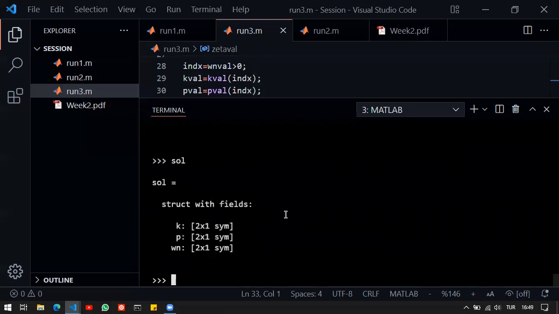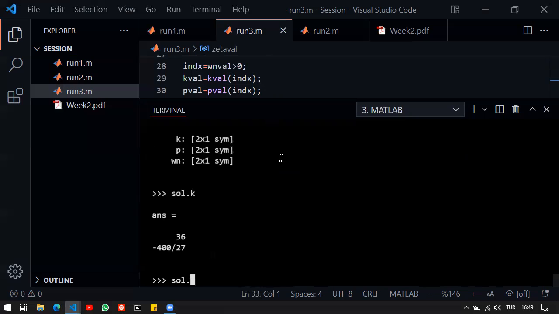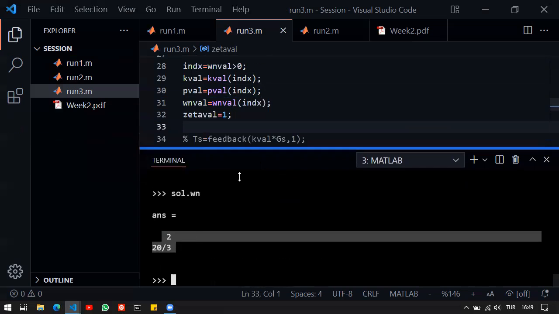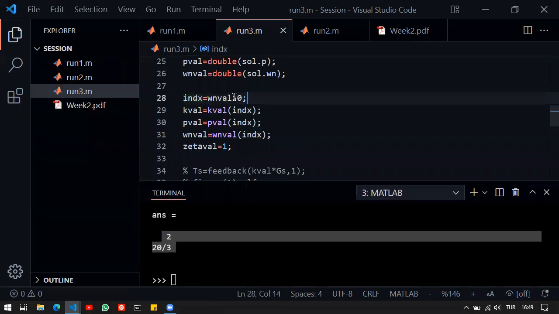So if we look into the solution, we have, again, two solutions, sol.k, sol.p, and then sol.omega n. Now, we can see that both omega n values are positive, and here we did look for the positivity of omega n.